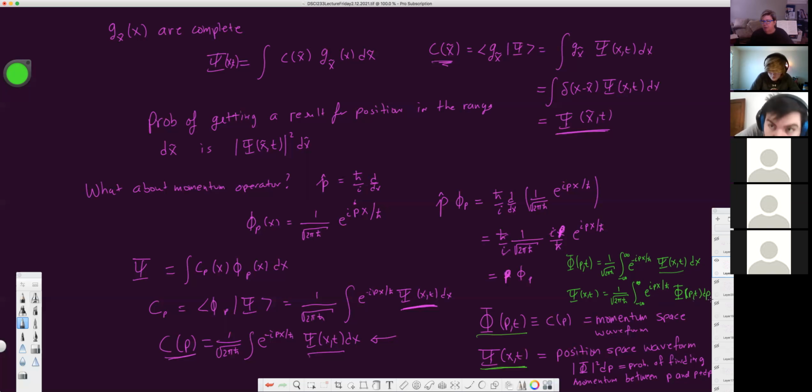So now you've gotten rid of all the p's by integrating those out, and you're left with x. So this is the Fourier transform and the inverse Fourier transform. Okay, so these things are related by their Fourier transforms.